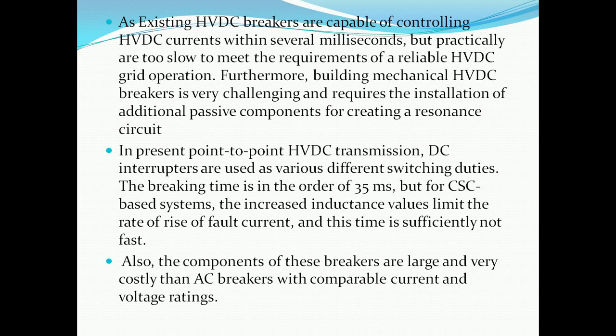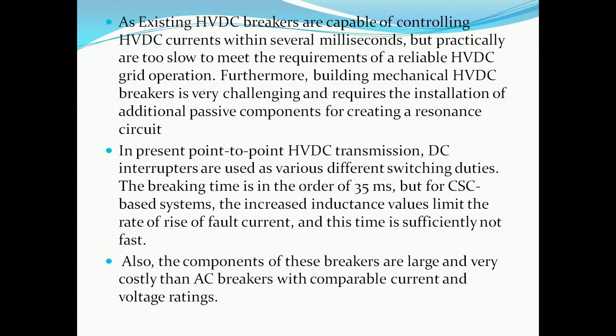Existing HVDC breakers are capable of controlling HVDC current only within several milliseconds, but practically they are too slow to meet the requirements of reliable HVDC grid operation. Building mechanical HVDC breakers is very challenging and requires the installation of additional passive components for creating the resonance circuit. In present point-to-point HVDC transmission, DC interrupters are used for various switching duties.